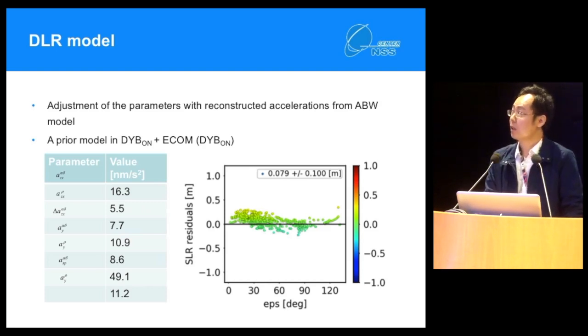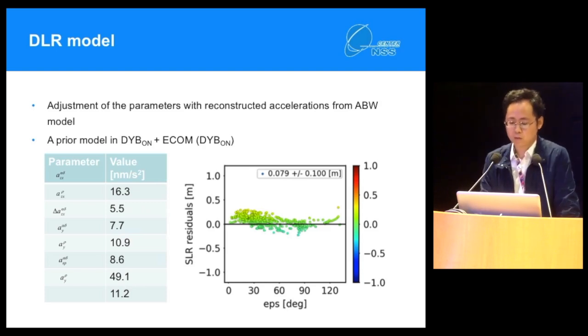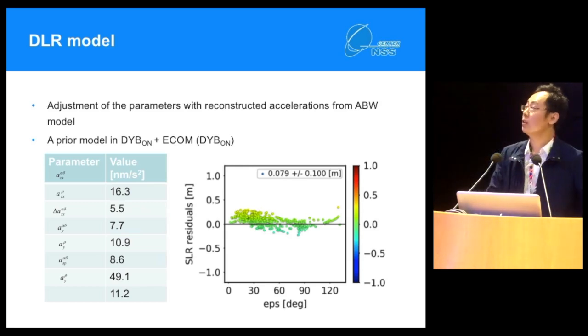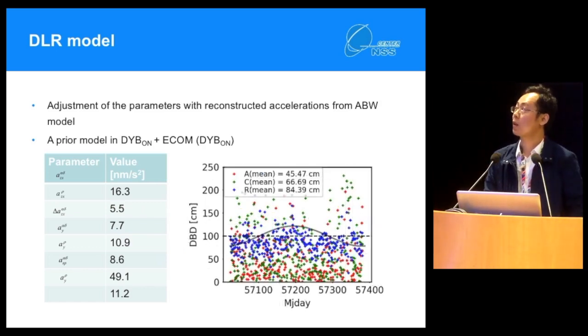Maybe we can reduce the bias. And also, we use a pure empirical fitting approach to get another pure model. For this model, the DVD is not as good.